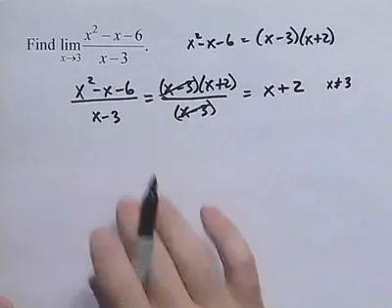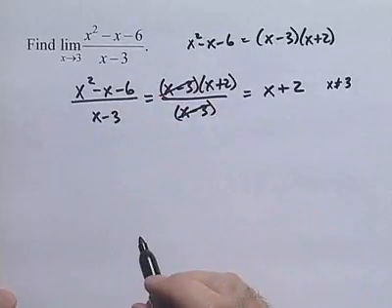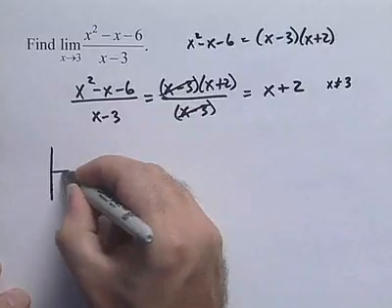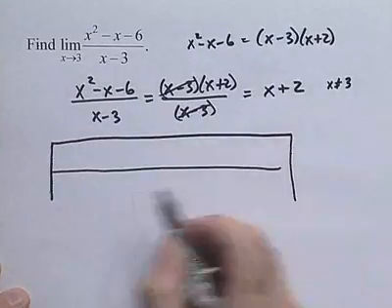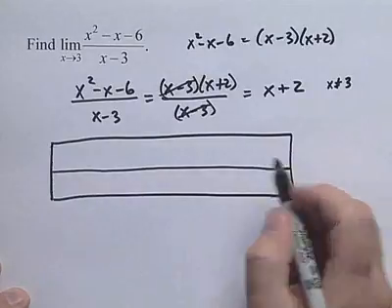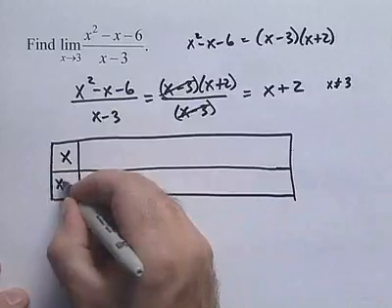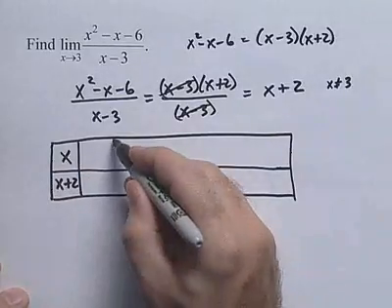Now, if we wanted to investigate the behavior of this expression, we could do it graphically or with a table of values. We'll go ahead and look at a table of values here. You could use a graphing calculator or some other computer algebra system to compute these values. We're just going to look at the behavior of x plus 2 for different values for x.